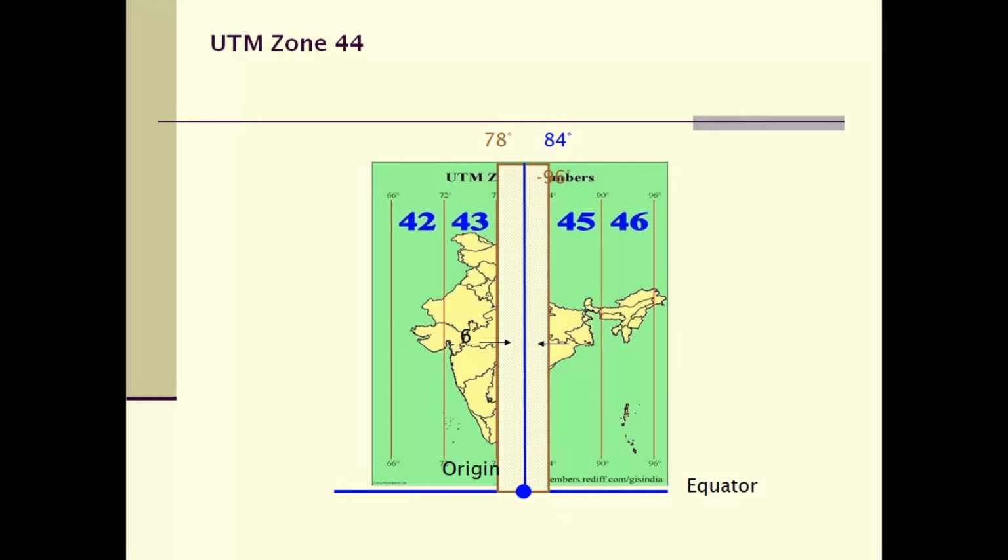If your study area lies in the Maharashtra region, Kerala, Karnataka, or some part of Rajasthan, then you should use UTM zone 43. For Gujarat, we can use UTM 42. For Bihar, UTM 45. For the Northeast, we can use UTM 46N. That is how we can select the projection system.